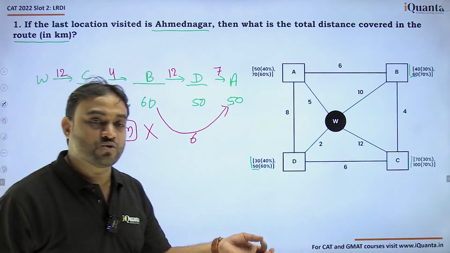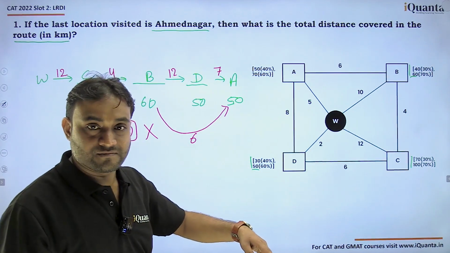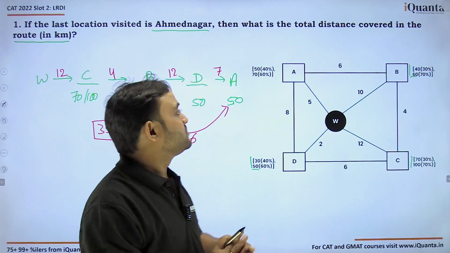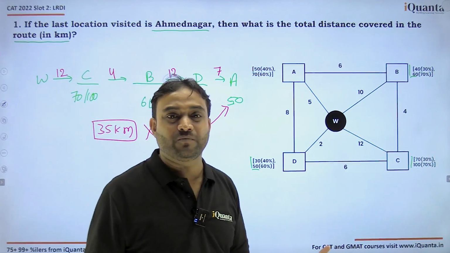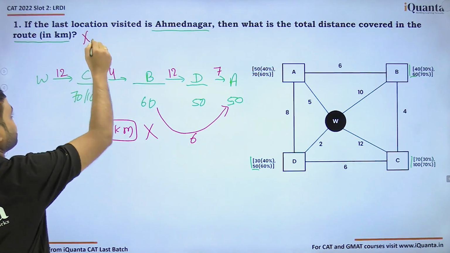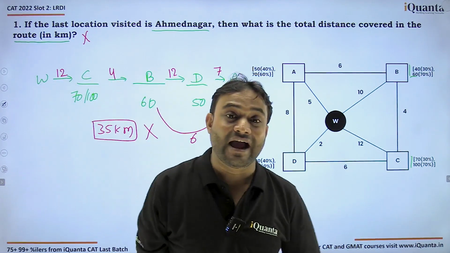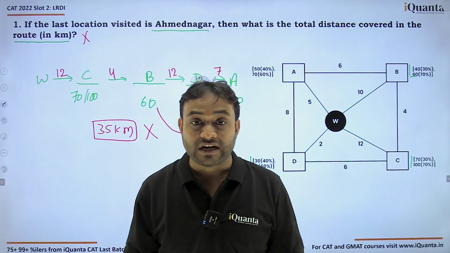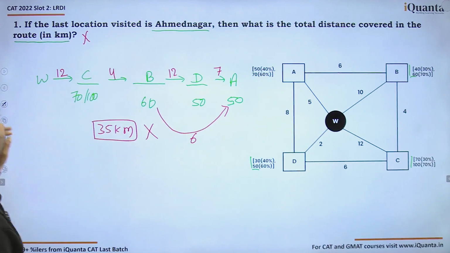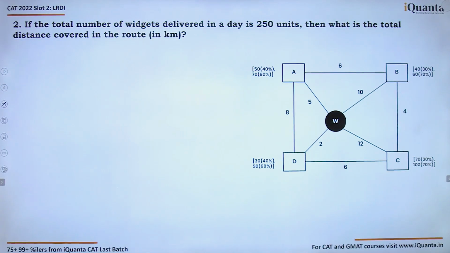So we must go to A first and then D. So can we say A cannot be at the last location? Cannot be. It's not possible. So basically, this is a wrong question. This was a wrong question, and this question was revoked later and it was not considered for marking. So let's leave it here. Move to the next question.